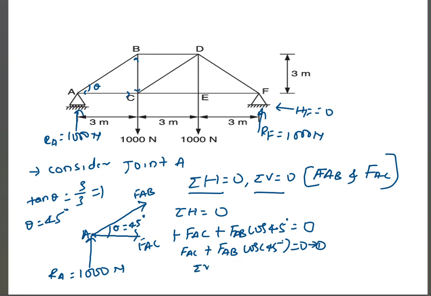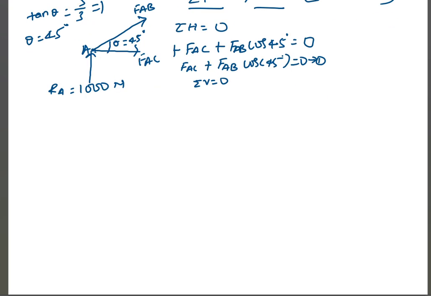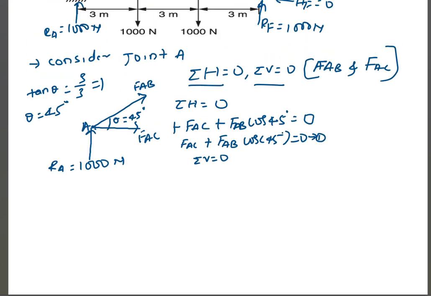Next, summation of vertical force is equal to 0. How many vertical forces are acting at joint A?